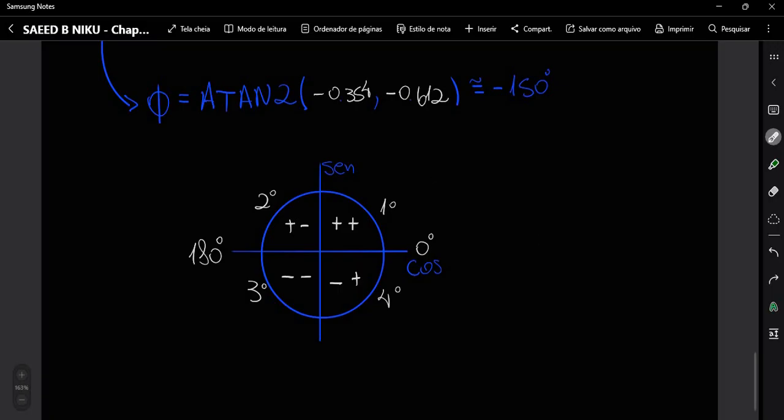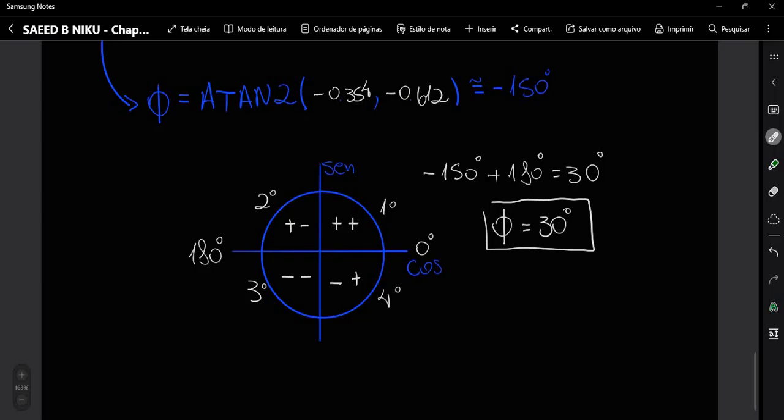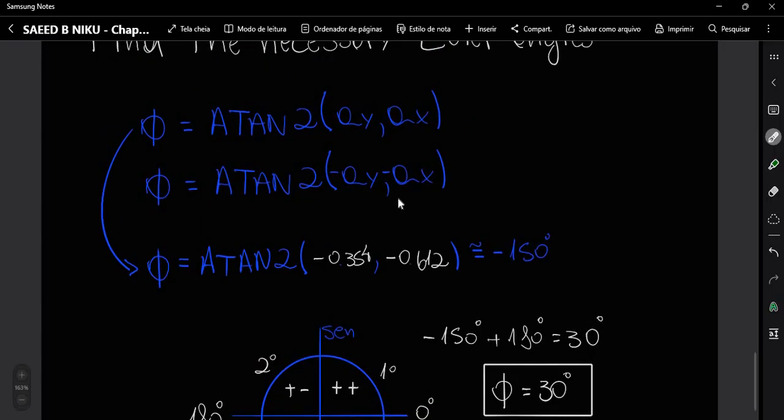So we can do minus 150 plus 180, which is equal to 30 degrees, and that is the correct answer for the phi angle. In the complementary solution, we just have to switch the signs.